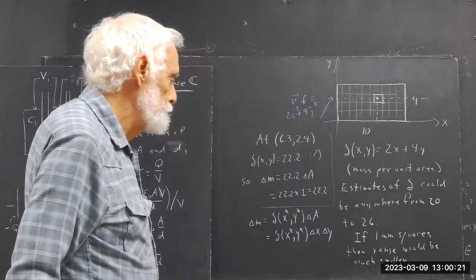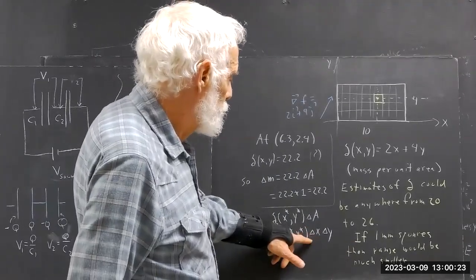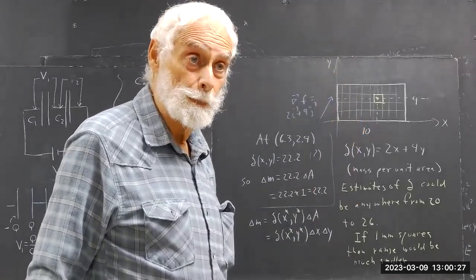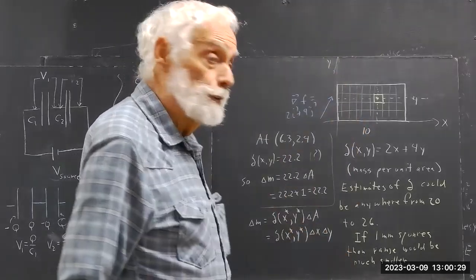In general, we're going to have a delta x and a delta y. In this case, delta x and delta y both be 1 centimeter, but in general, they're just going to be simple.